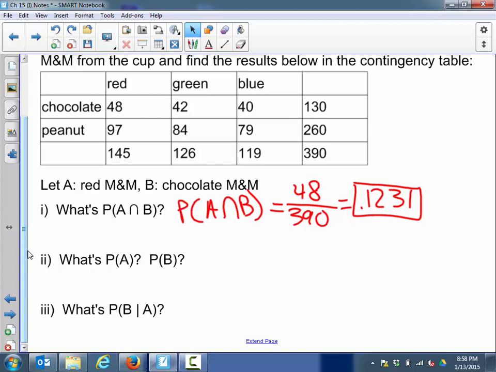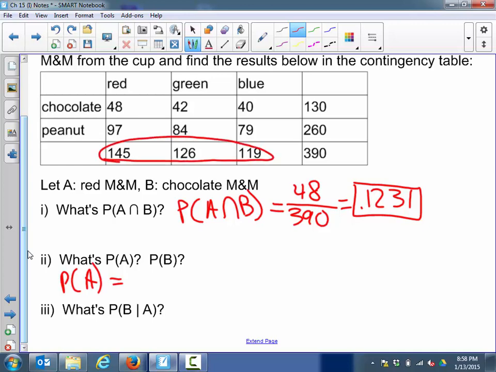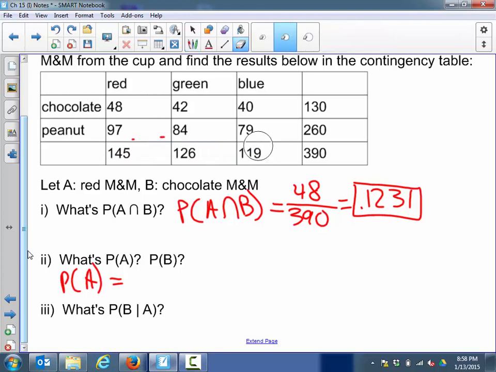That's going to be useful when we get to part 3 here in a bit. All right, let's talk about the probability of A alone, that we've chosen a red M&M. Look at your marginal distribution here. On the bottom row, separate from the total 390, you've got a breakdown of how many red, green, and blue M&Ms were within the cup.